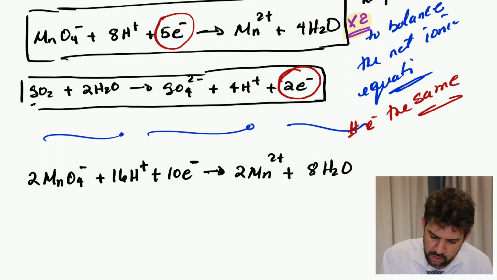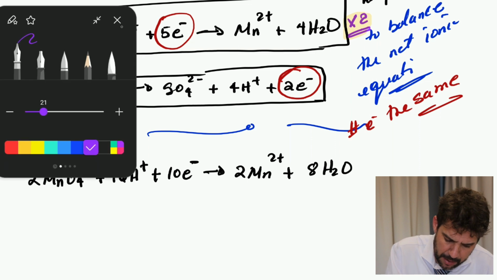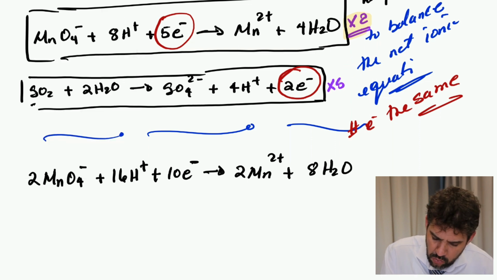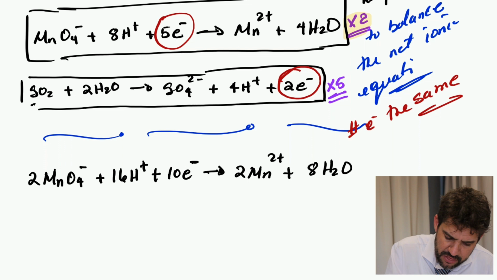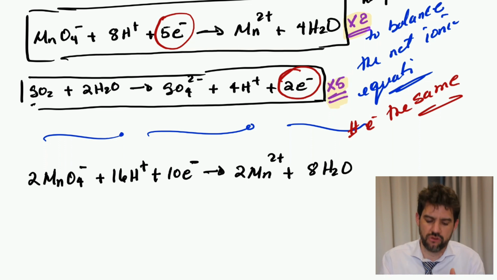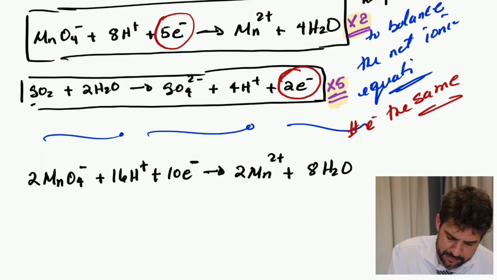The second one, we have to multiply by 5. Remember, all we're doing is making the number of electrons the same. So we have to multiply by different numbers here.